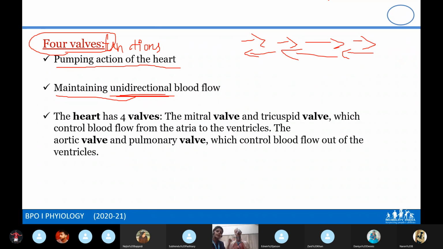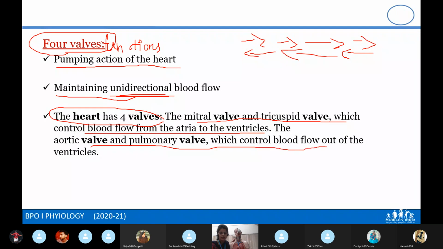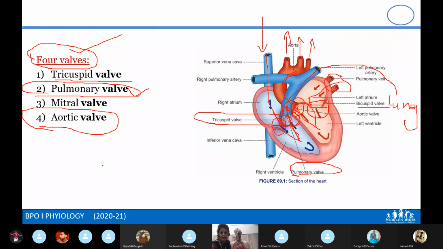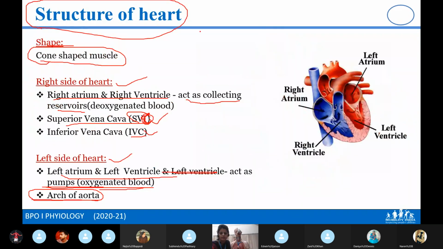So, unidirectional blood flow, the second function. As you know, of the four valves, the mitral valve and tricuspid valve control blood flow from the atria to the ventricle, and the aortic valve and pulmonary valve control blood flow out of the ventricle. I'll show it in the diagram.